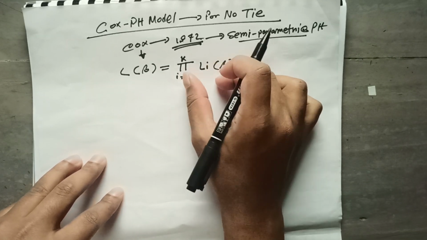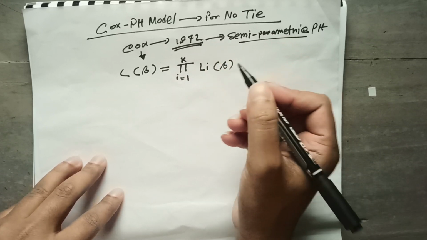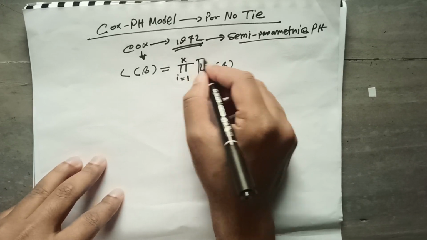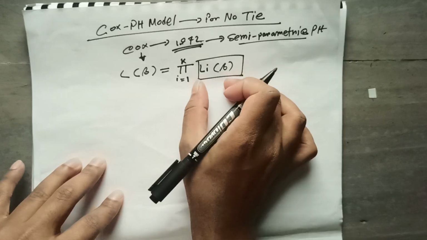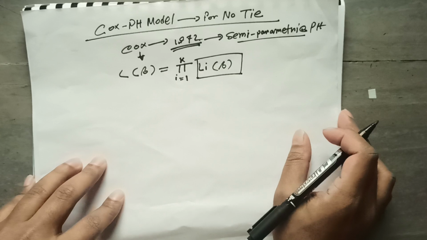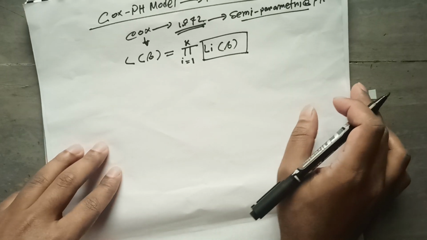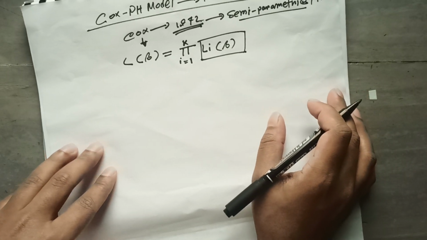Now there is a question: what does Li of beta mean as a whole? This is the point where we start our derivation of the Cox-PH model for no tie.